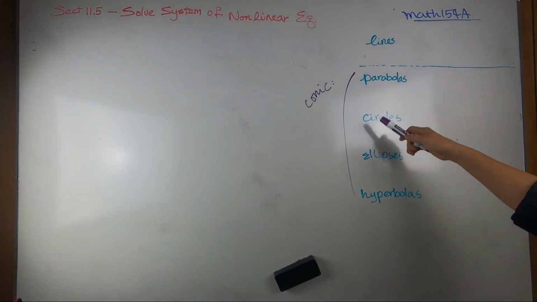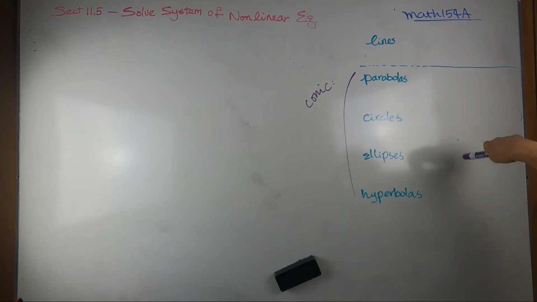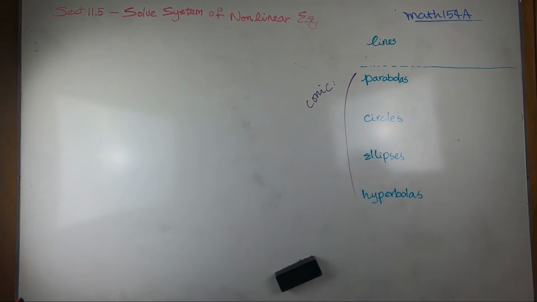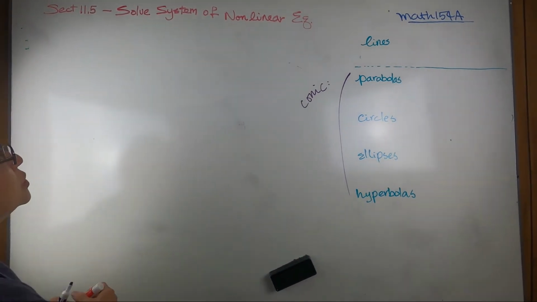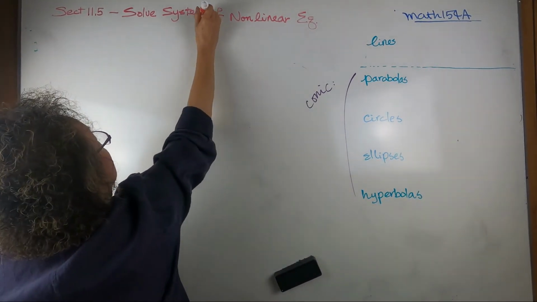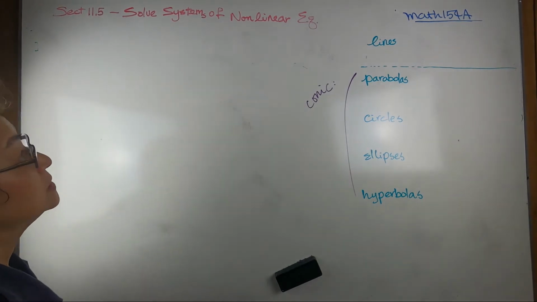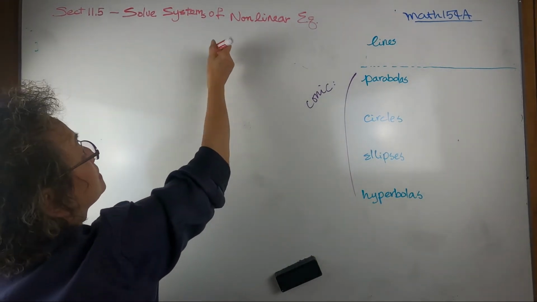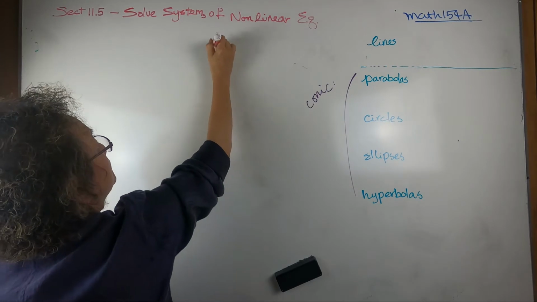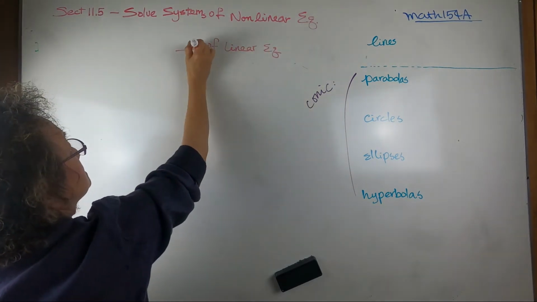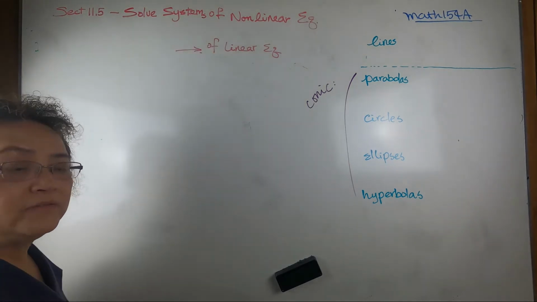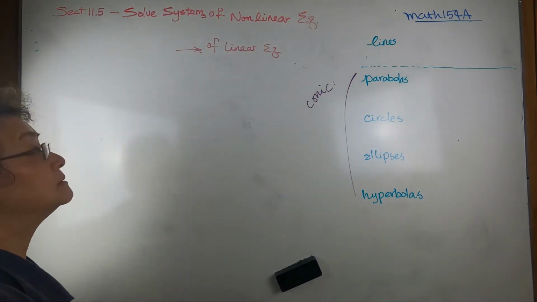So within the conic system, one more thing we are going to learn is solving systems of nonlinear equations. We did solving systems of linear equations in your 152B class, right?